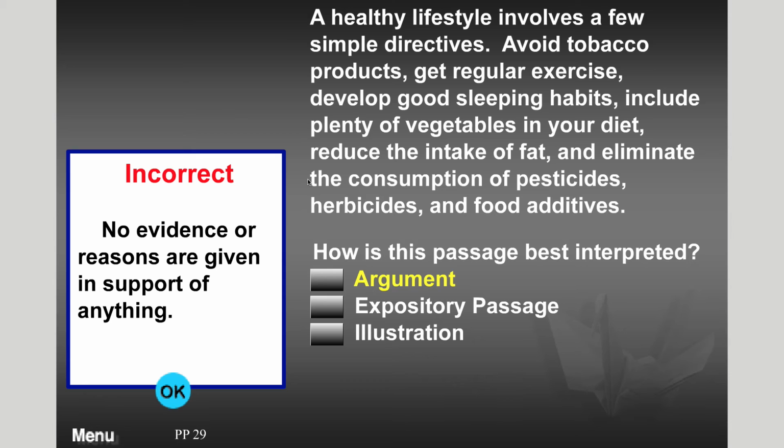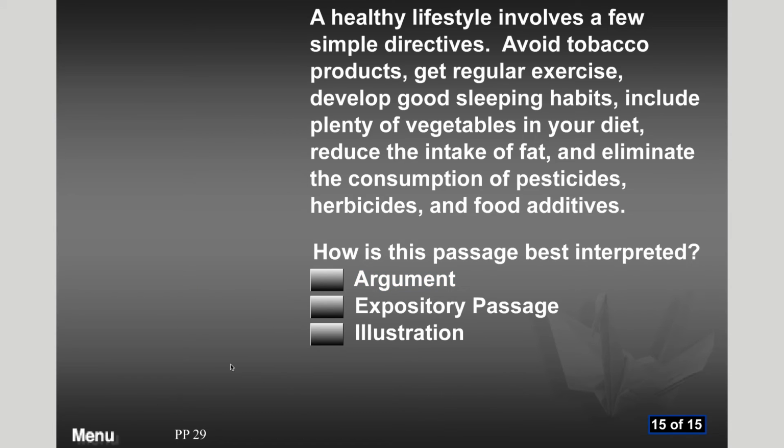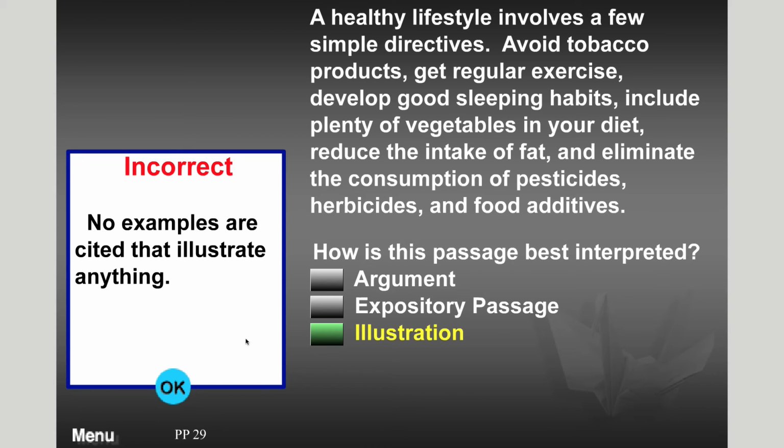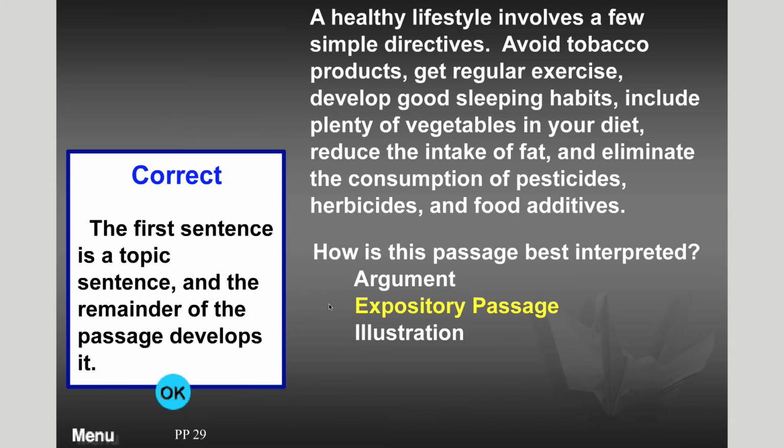It doesn't say do this and therefore you have a healthy lifestyle. Is it an illustration? No. No examples are cited that illustrate anything. It's an expository passage. The first sentence is the topic sentence, and the remainder develops that. What are the simple directives that involve a healthy lifestyle?